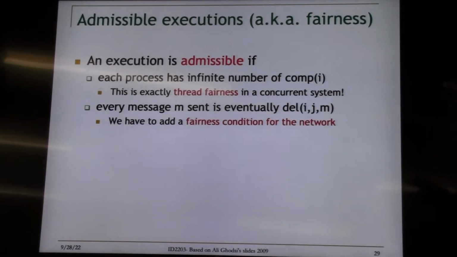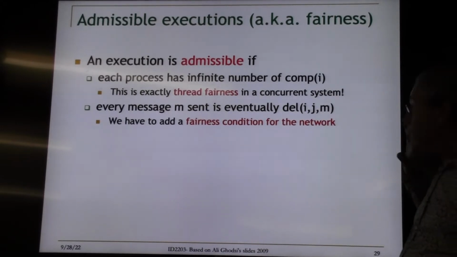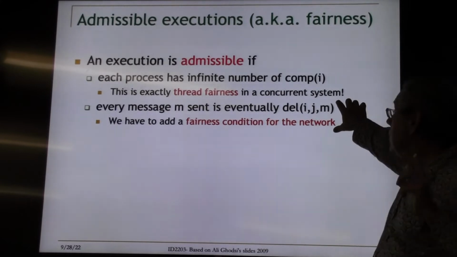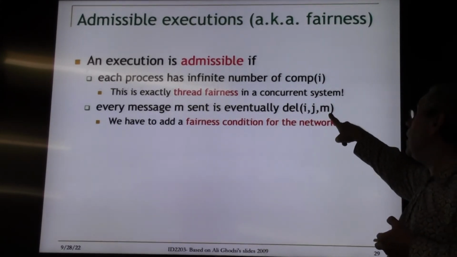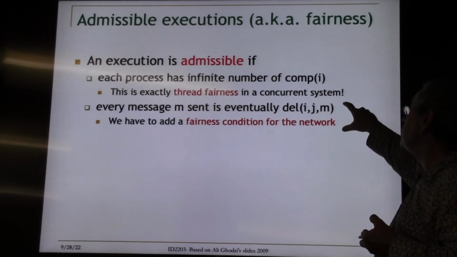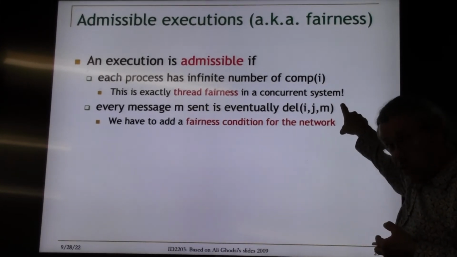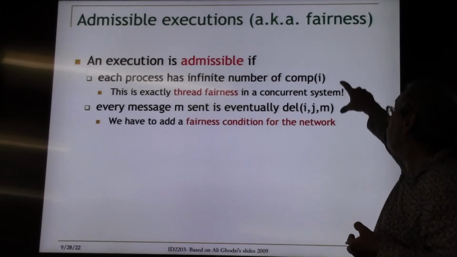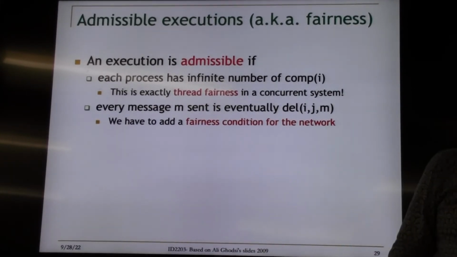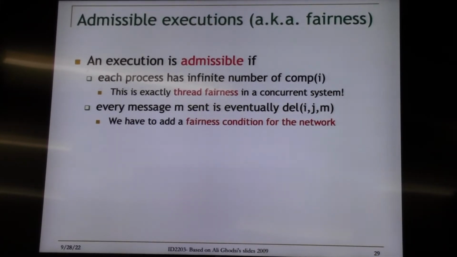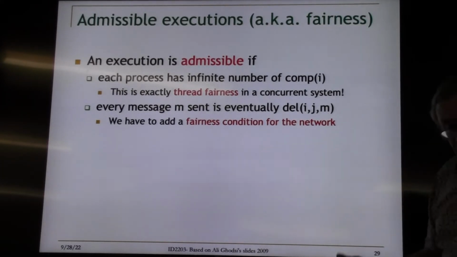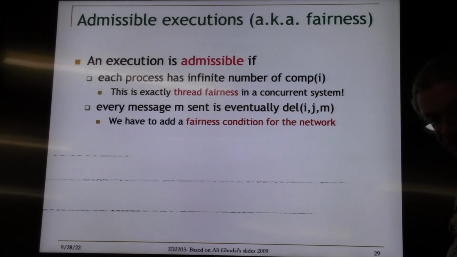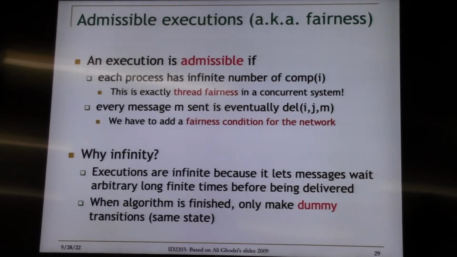The message is kind of floating in the network and never received. So this is not good. So we assume that every message sent is eventually delivered after finite time. This is a fairness condition for the network. Okay? See, we have two fairness conditions here. So admissible execution is just a very natural extension of fairness for a distributed system.